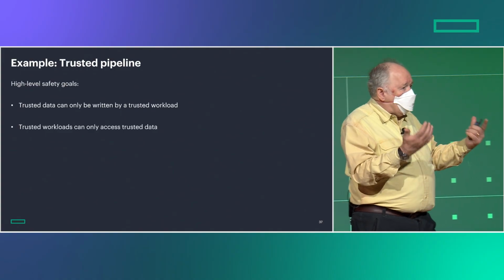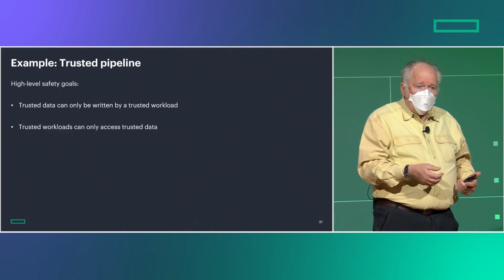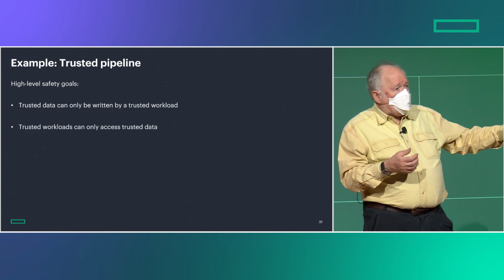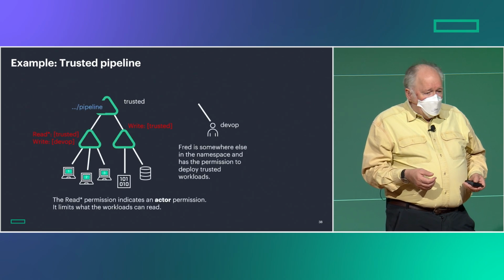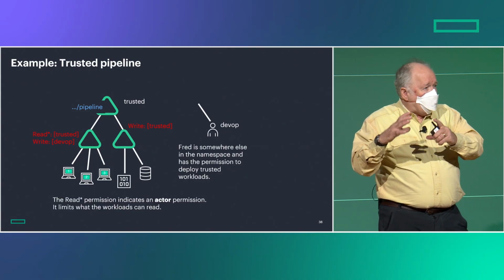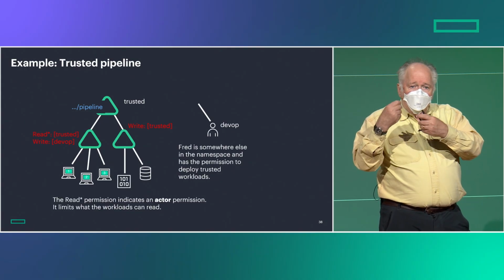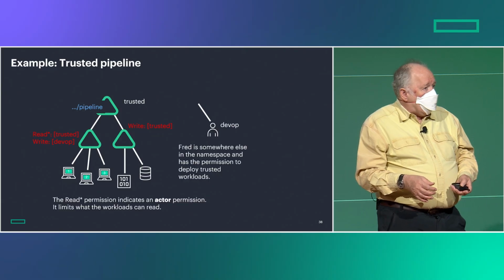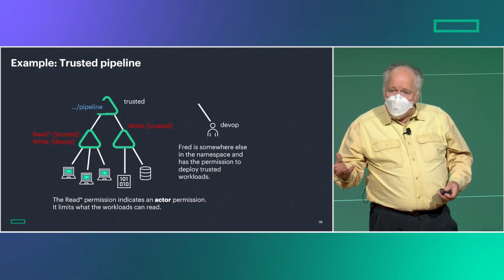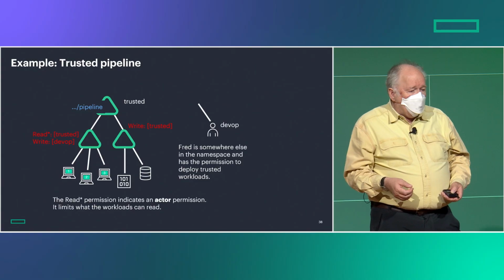So it's a closed sort of family. It's a chain of trust. We can transform trusted data into other trusted data. To do that, we have a directory describing the pipeline. We put the attribute trusted on that. Everything below will inherit that. The workloads, the data will inherit the trusted attribute.